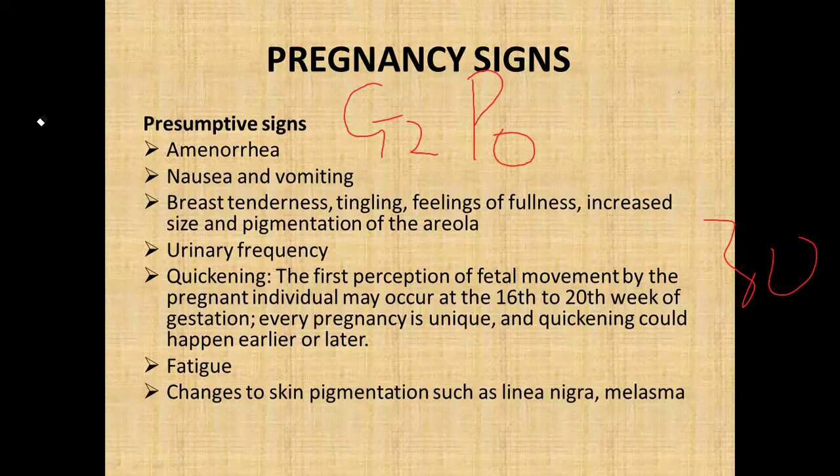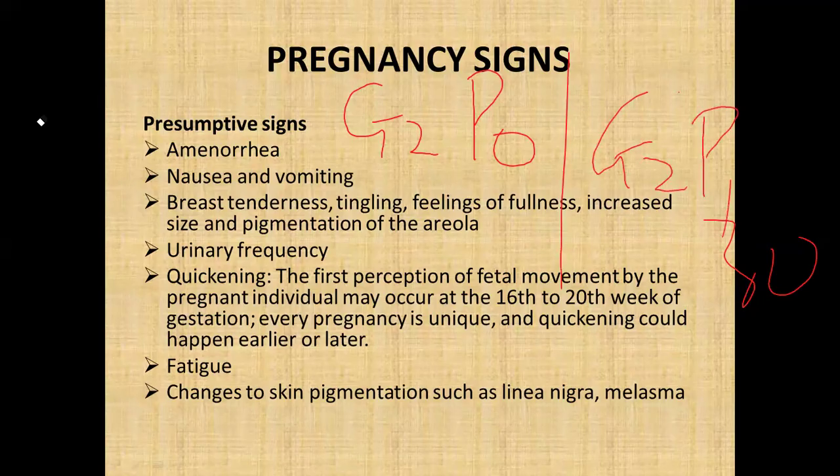So that's why I said that after we know the final state of that pregnancy, whether the person lost it or, after 20 weeks, the person delivers, then you see in the person's book they would write G2 P1.